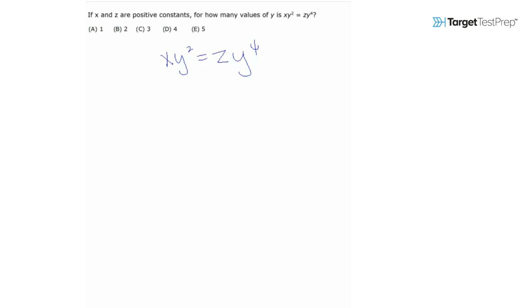A lot of you, if not most of you, probably canceled off as follows. You knocked off a y squared on both sides, and you said x is equal to z times y squared. Now, if you did that, you made a common mistake which violated an important rule of math. The reason you can't do that is you don't know anything about y.